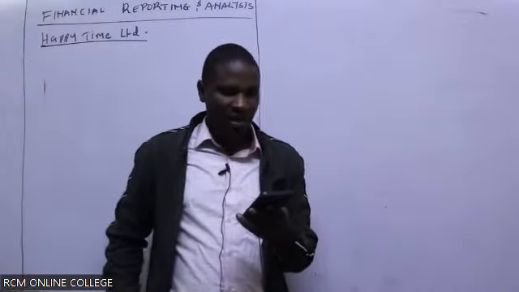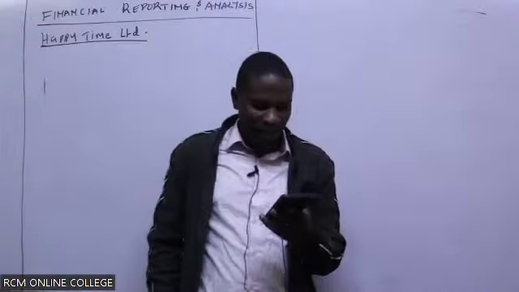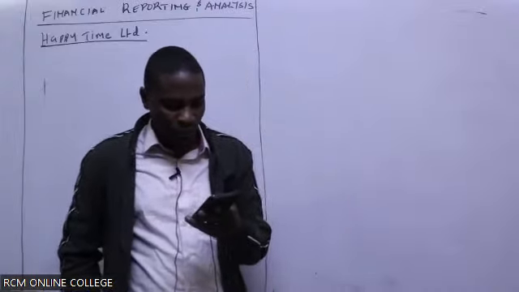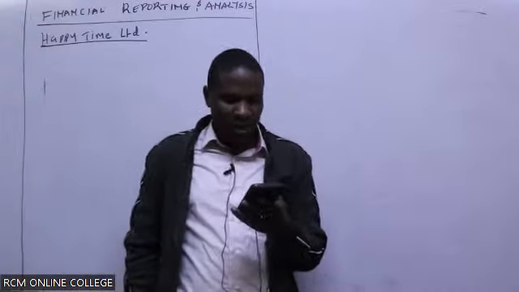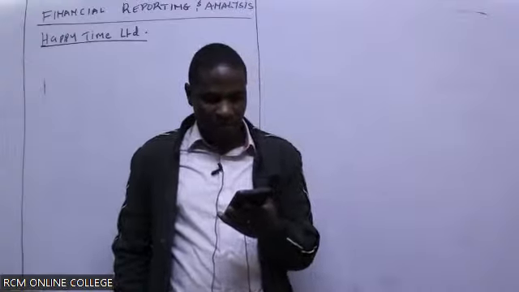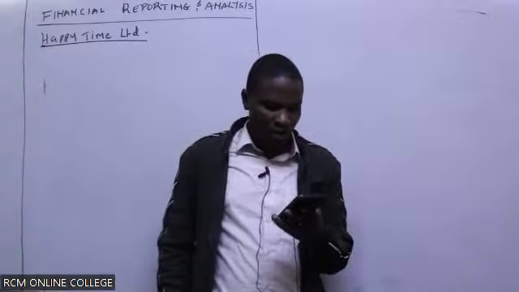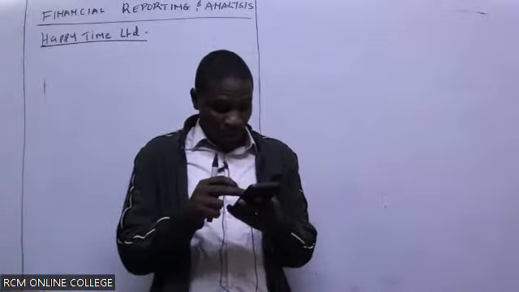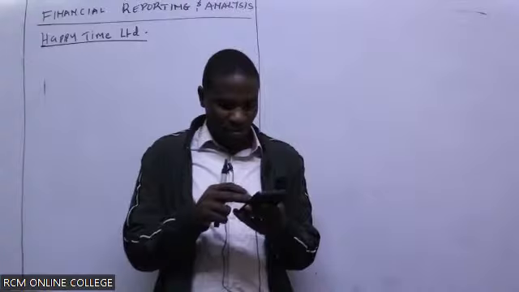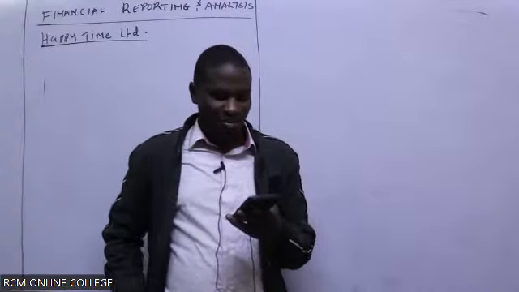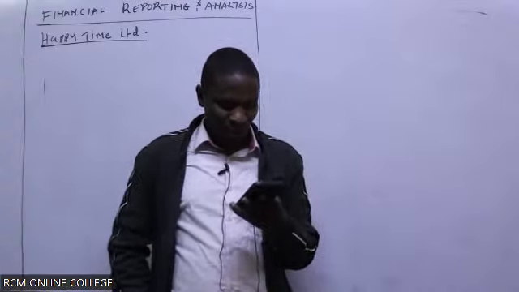He gave us additional information regarding our property, plant, and equipment. So we have some details regarding the same: cost, depreciation, net book value, for both years. That information will really guide us on what we want.